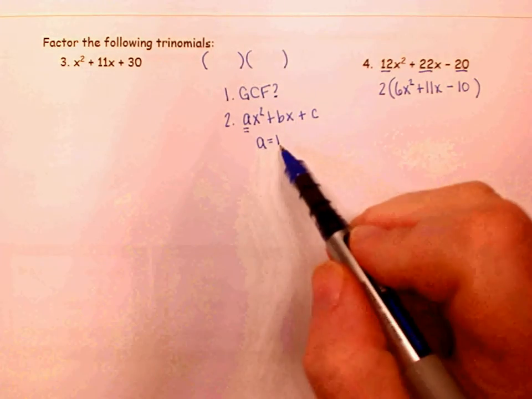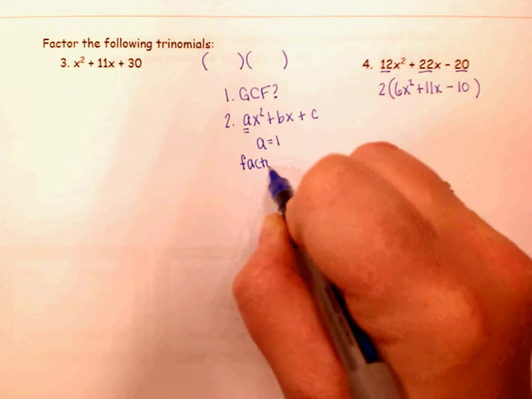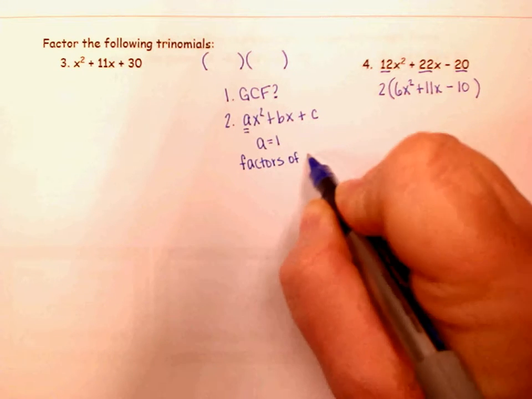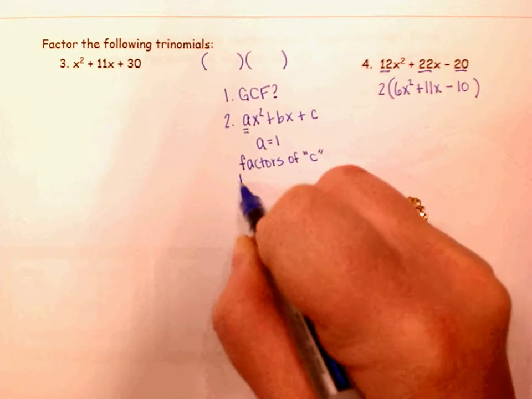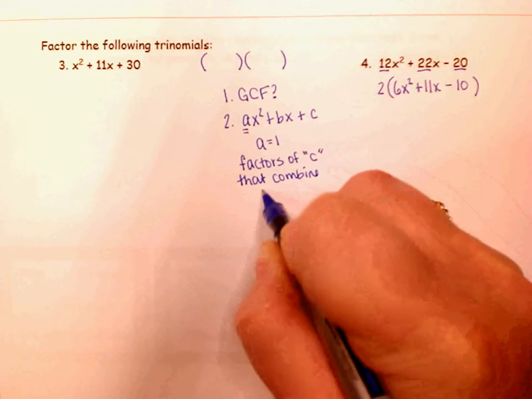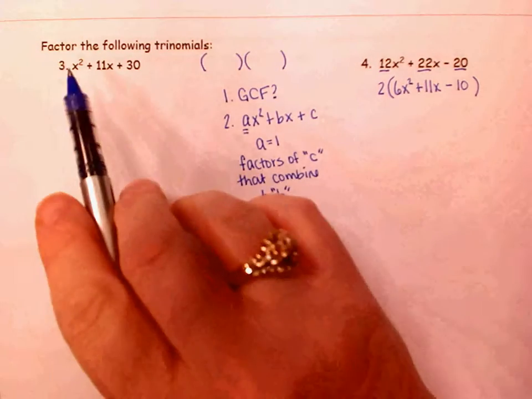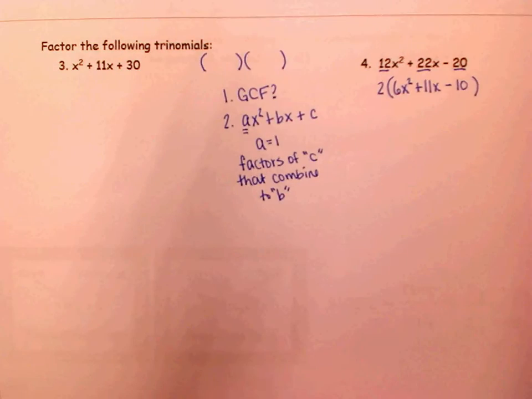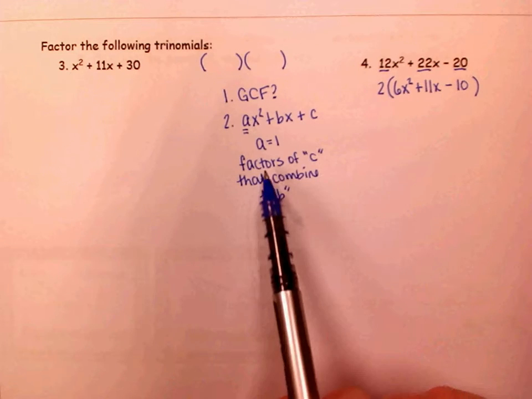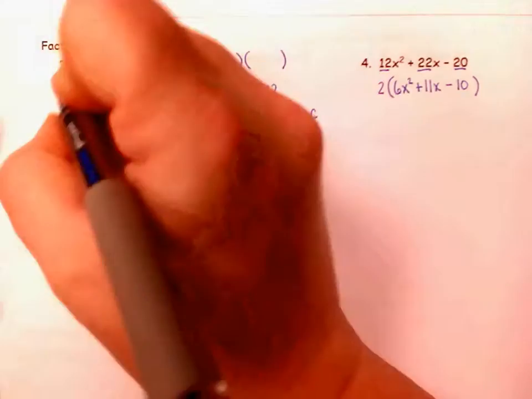Because if your a is 1, you only need to find factors of your c value that combine to get your b value. So on number 3, our a value is 1. The leading coefficient is a 1. So that's all we need to do. We need to find factors of c. C's the constant. So we want factors of 30.